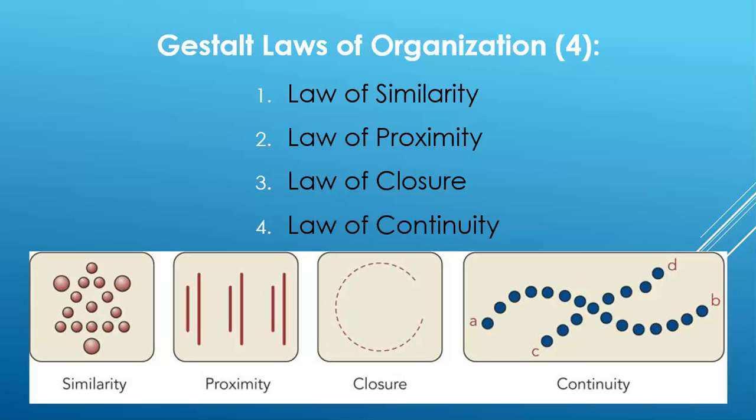Just a reminder of the 4 Gestalt laws of organization: 1, the law of similarity, 2, the law of proximity, the law of closure, and then the law of continuity. Now we're going to see how some of these play a role in some optical illusions.